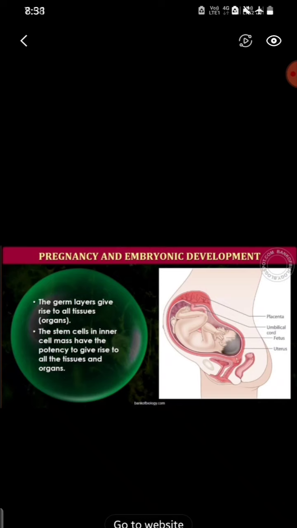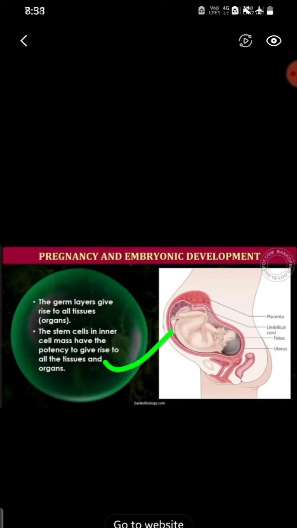So as I said, ectoderm, endoderm and mesoderm, these germ layers are formed in the gastrula stage. So they will give rise to all the tissues. Whichever tissues need to be formed, all the tissues and organs are formed. So the stem cells in the inner cell mass have the potency to give rise to all the tissues and organs.